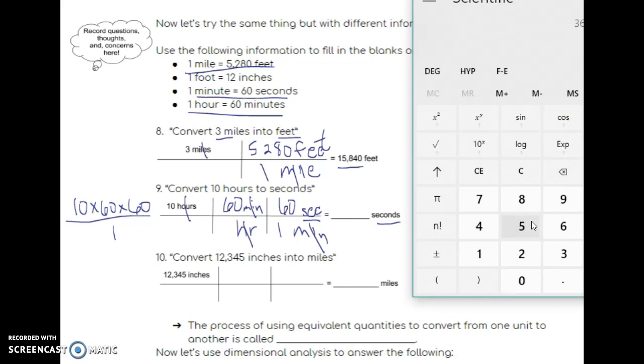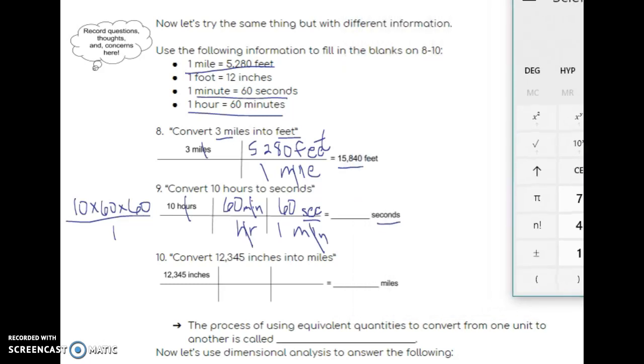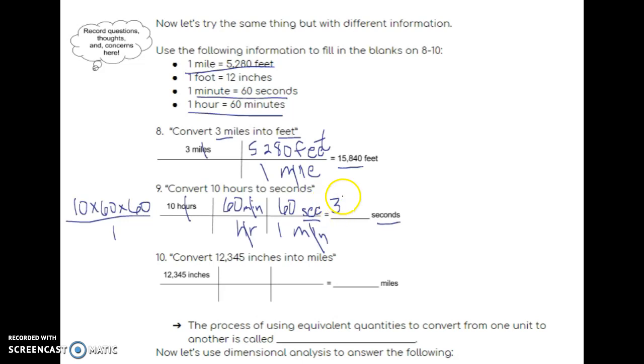And then divided by 1, but I don't have to do that. Mathematically, dividing by 1 leaves me the number I had originally. So I've got 36,000 seconds. So 3, 6, 6 times 6, that makes sense. That's 2 zeros, and I got another 0 off that 10 over there, and I'm good to go.